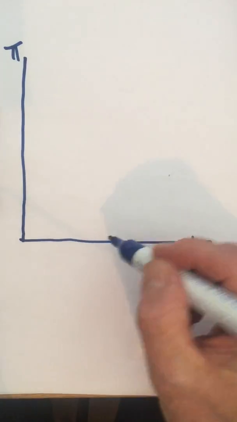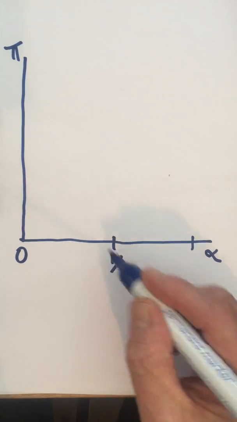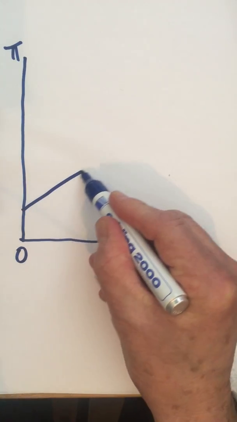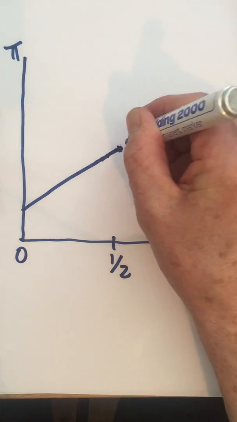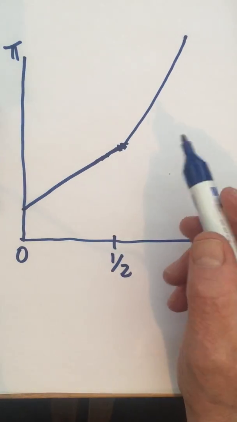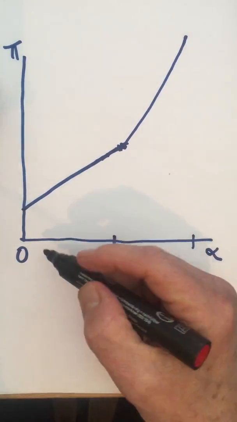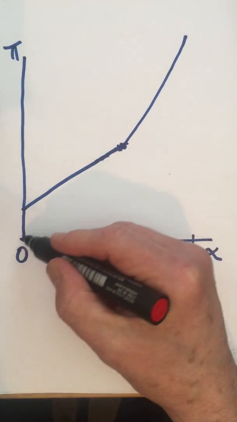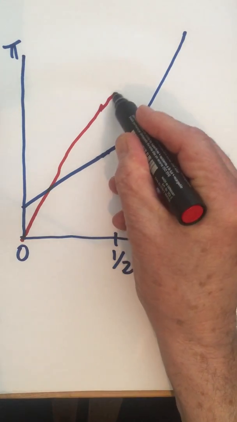We had that on a half there was a kink, so we had this curve going like this for the productive enterprises, and it's steeper after a half than before a half. And we had this curve for the parasites that we insisted were something like this.